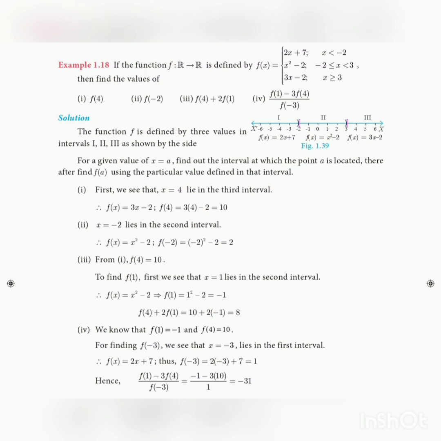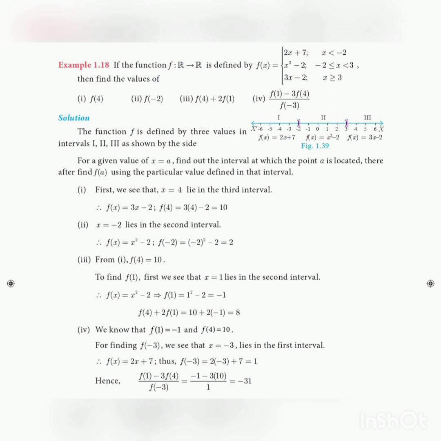So using subdivision 1 and the current value, f of 4 plus 2 f of 1 is obtained as 8.